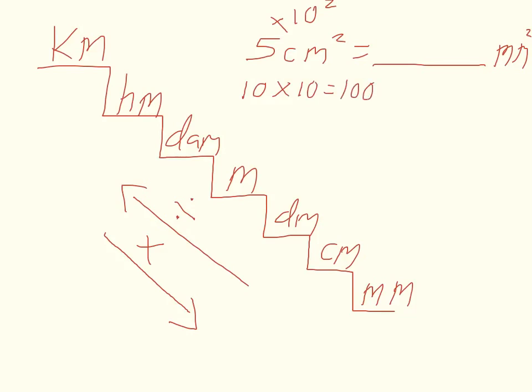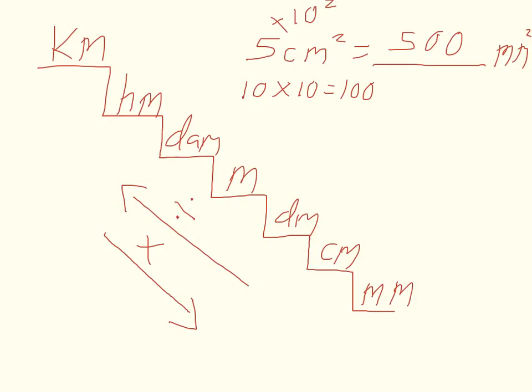So you are actually doing 5 centimeters squared times 100, and that is going to equal 500 millimeters squared. So your conversion from 5 centimeters squared is equal to 500 millimeters squared.